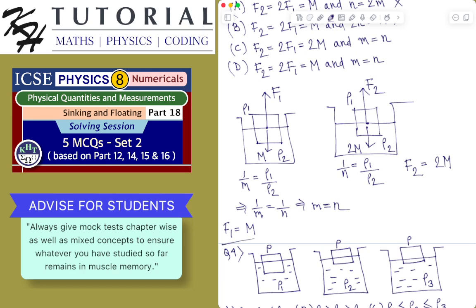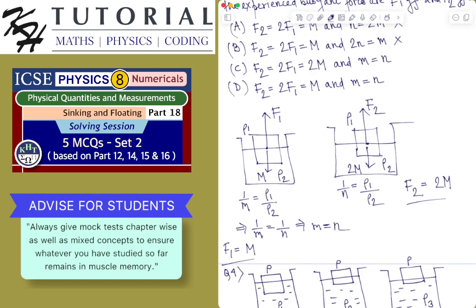So F2 is equal to twice F1. So clearly the correct choice is C, because F2 is equal to twice m, but in choice D it is given that F2 is equal to m.